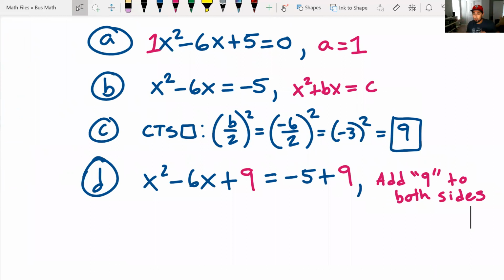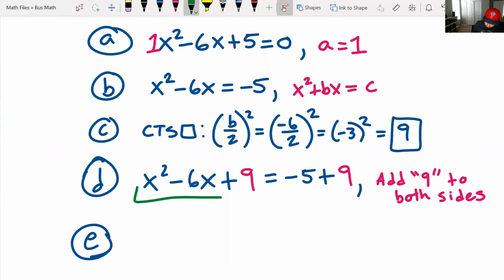Okay, so we add 9 to both sides of the equation, and now step E, we will now factor the left side.